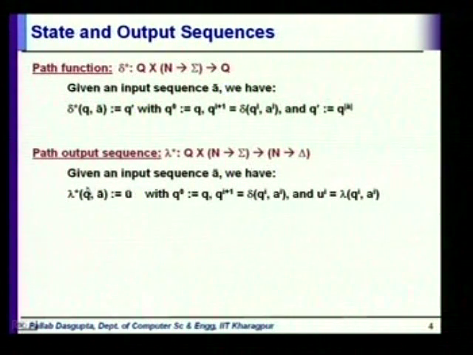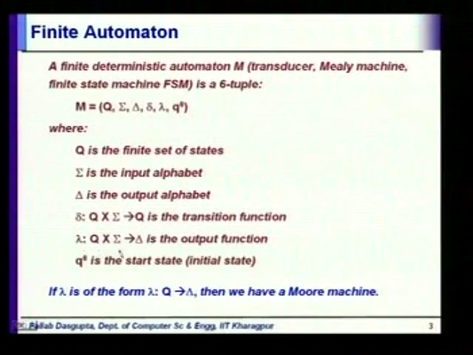So, given an input sequence A, we have lambda star, which is the path output function, is some sequence u, where like before q0 is q, qi plus 1 is delta of qi, ai, and ui is the output produced in the ith cycle, when presented with this input sequence. So, ui is lambda of qi, ai. What was lambda? Lambda was the output function. Is this clear?